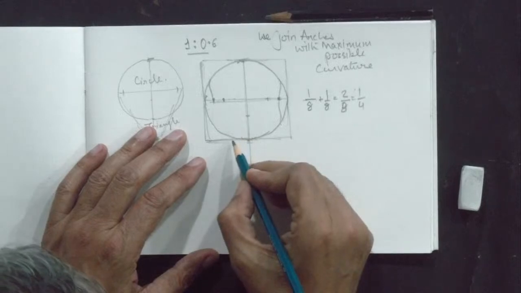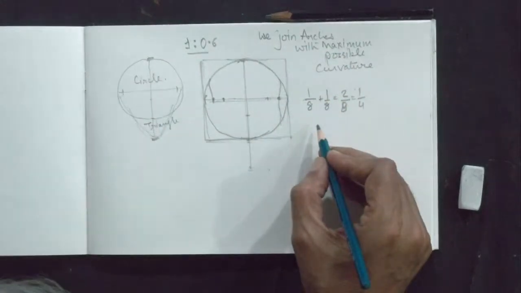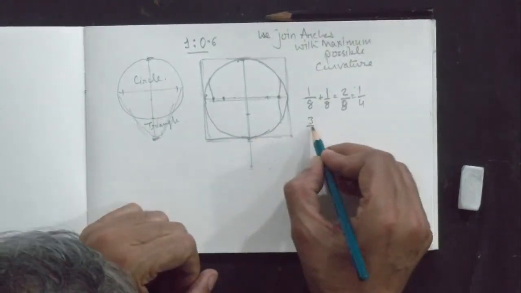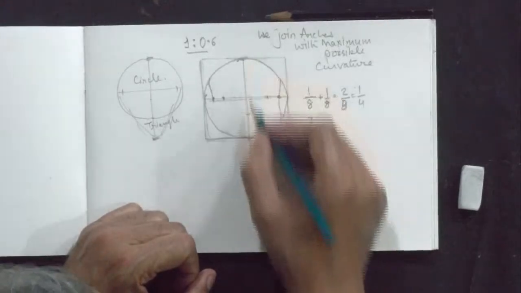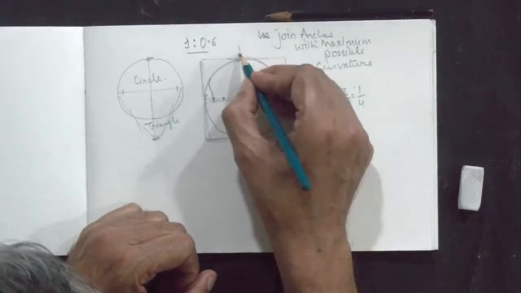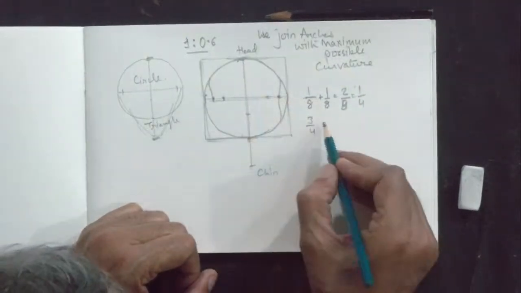What was the size we were taking? We were taking a size of 3/4 of the total head to chin size. So how much was it?